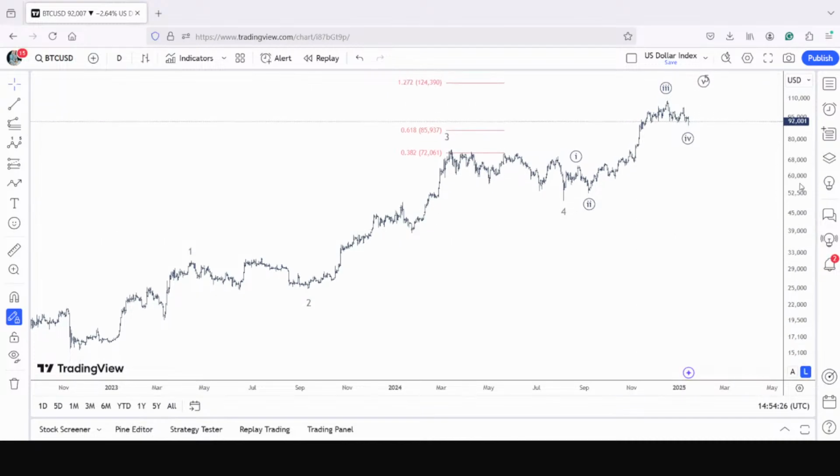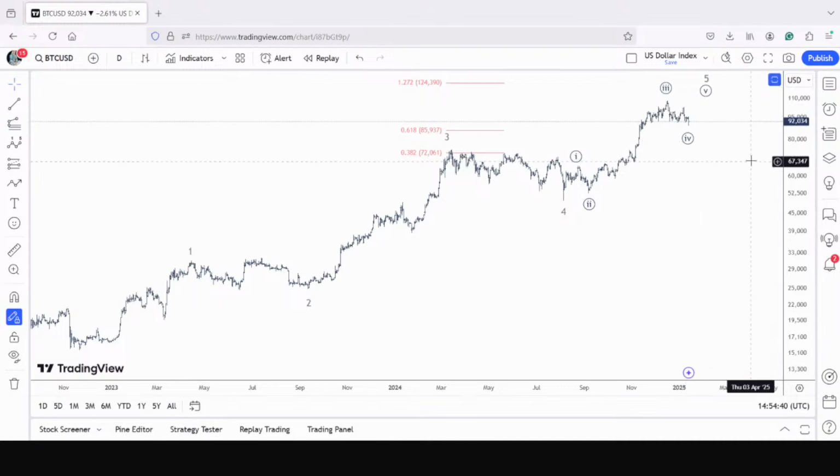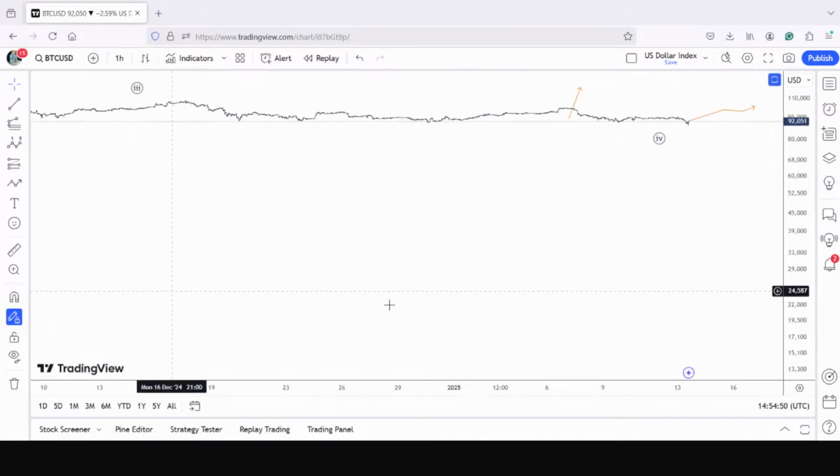It is always possible because the fifth wave remains; the minor and intermediate both remain, with possibly one more upside left. That's the larger degree count, and if we go back to an hourly quickly, this particular setup.